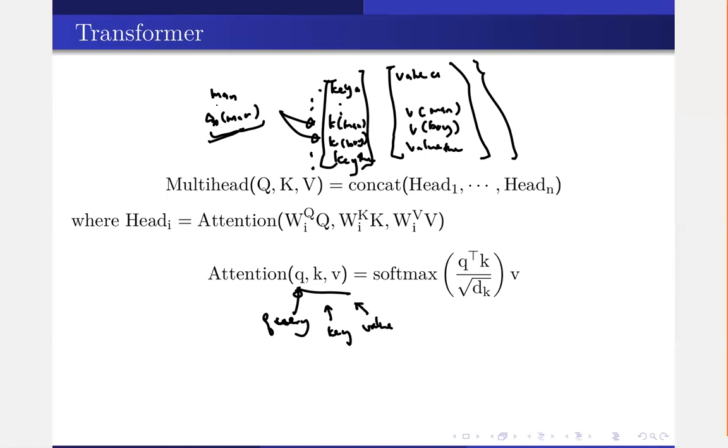So if my Q is Q man, then most likely my output will be very much V man, but also maybe with some relevant V boy here, maybe this is 0.9, this is 0.2, and then I have some other non-zero weights added together.